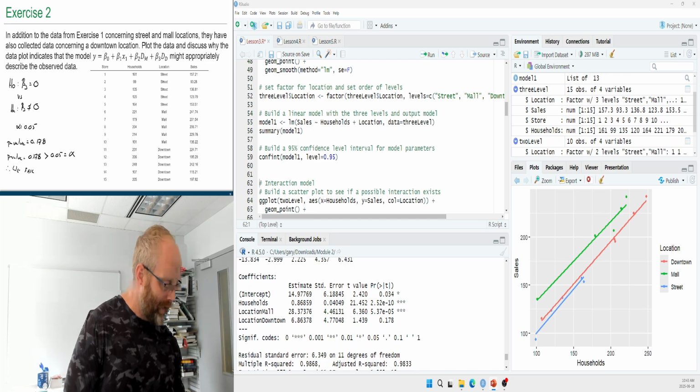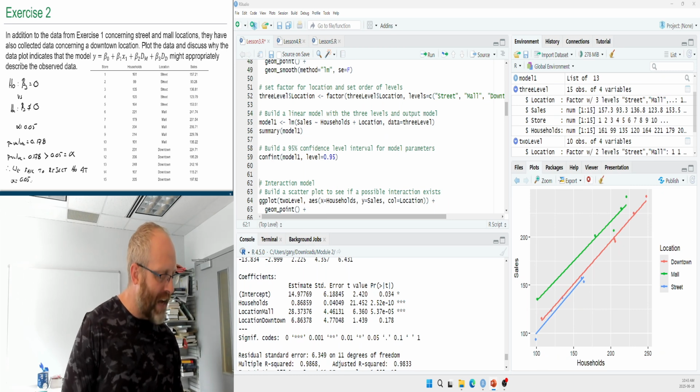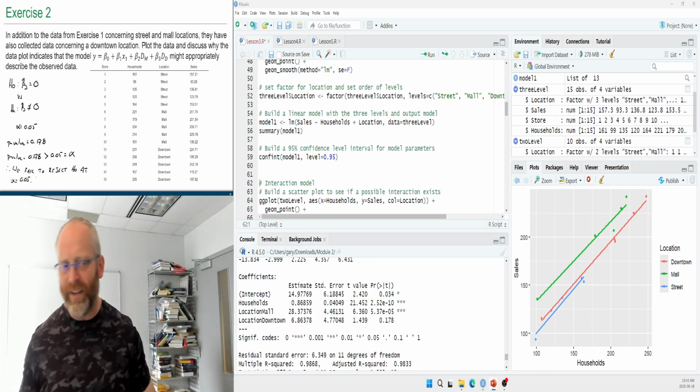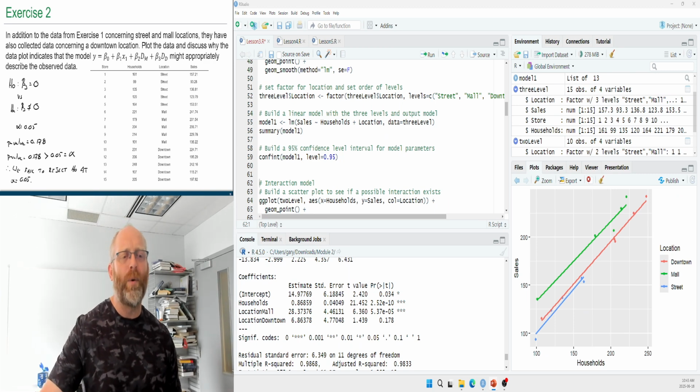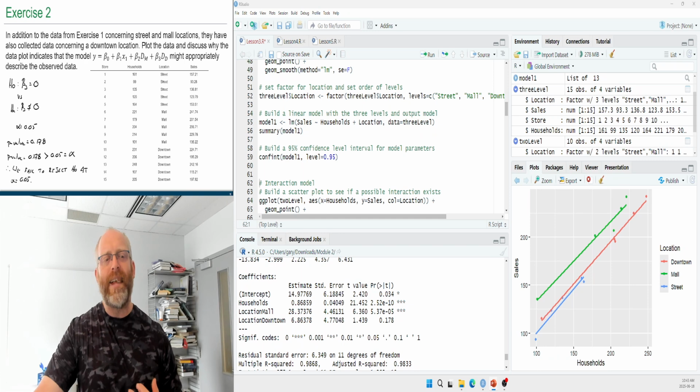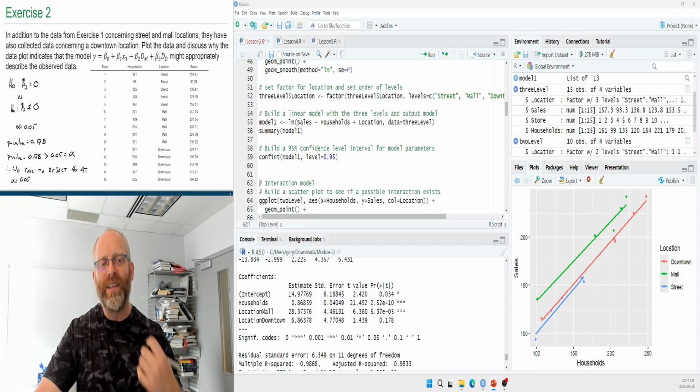So we fail to reject H naught at a significance level of 0.05. Again, we always have to include that level of significance. So for us, this is showing us that there is not a statistically significant difference going from that first level all the way up to the third level.